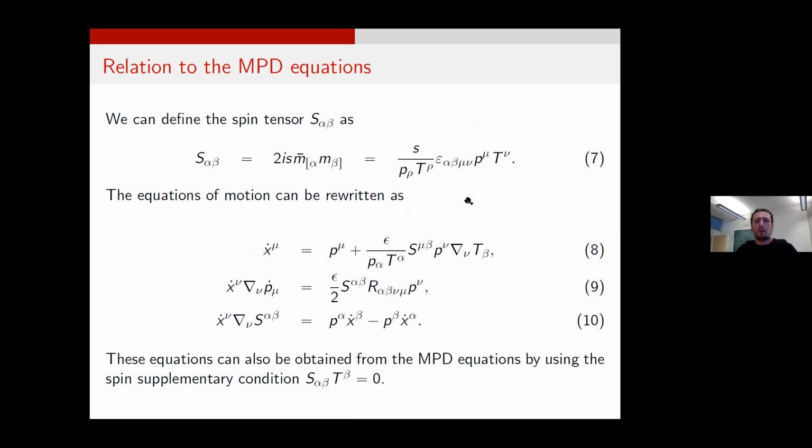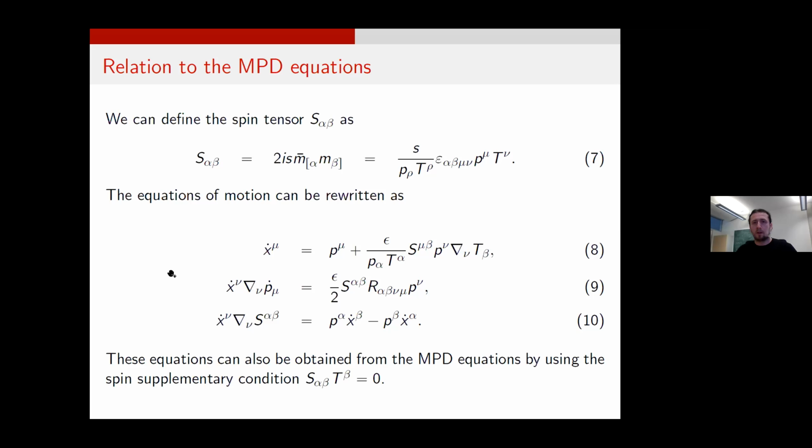Okay, so before going to the examples, I have one more remark. Our equations can be put in a form which resembles the well-known Mathisson-Papapetrou-Dixon equations. In order to do this, we just need to define a spin tensor as over here, either in terms of m and m bar, or directly in terms of p and our choice of external timelike vector field t.